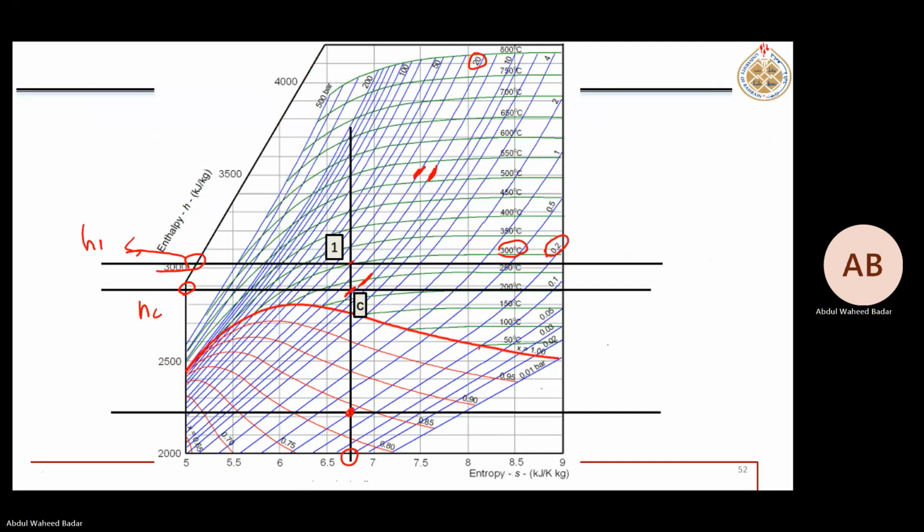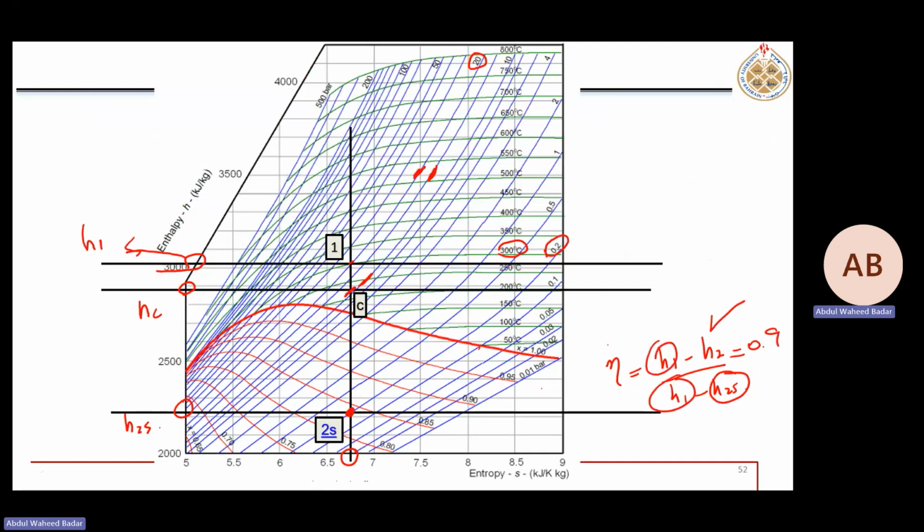So this is H2S. Pressure is given, and it is inside the dome already. Efficiency is H1 minus H2 over H1 minus H2S. This is given as 0.9, so H2S and H1 are all given, so find out H2.